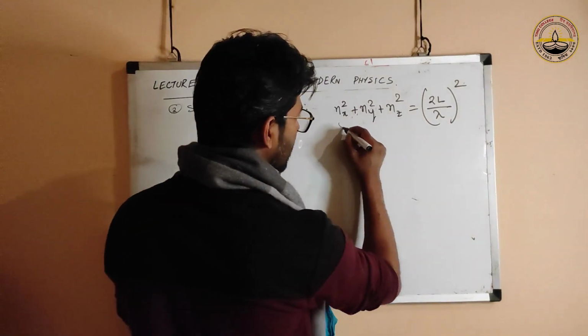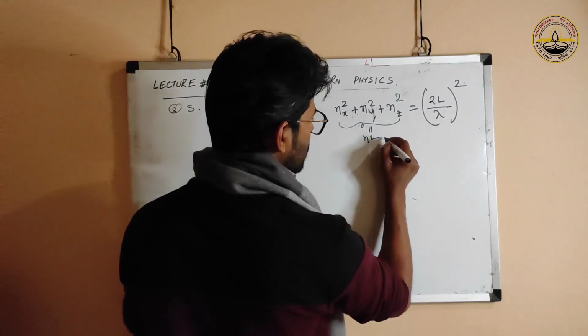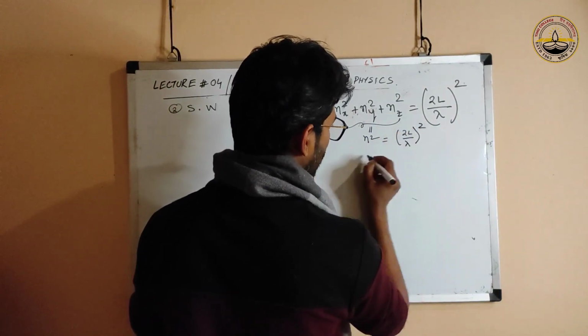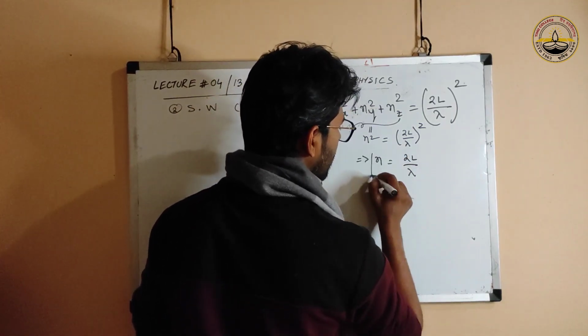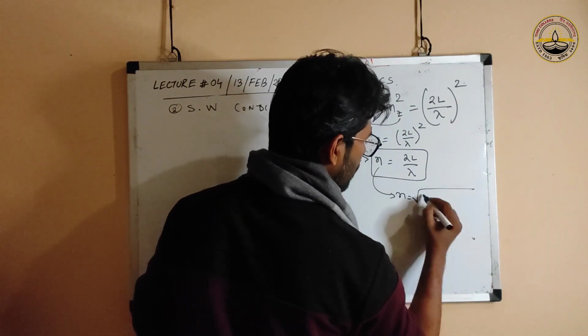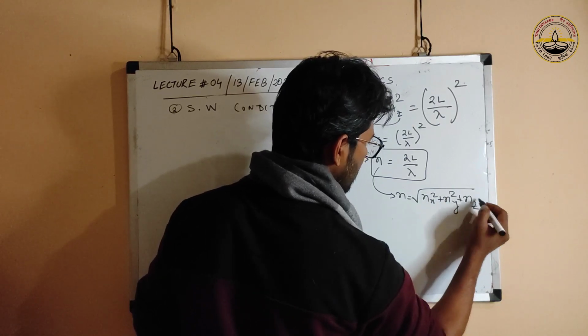We can simply write this as the sum of n squared, so n squared equal to (2L over lambda) squared, or n equal to 2L over lambda, where n is equal to the square root of nx squared plus ny squared plus nz squared.